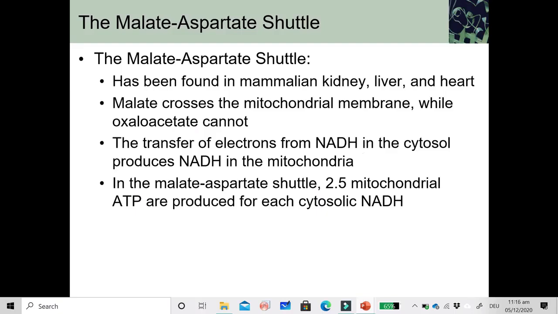All right. How does this operate? In the malate aspartate shuttle, 2.5 mitochondrial ATP are produced for each cytosolic NADH.